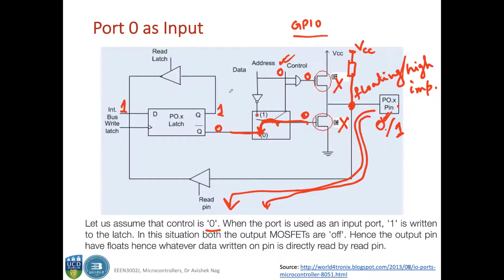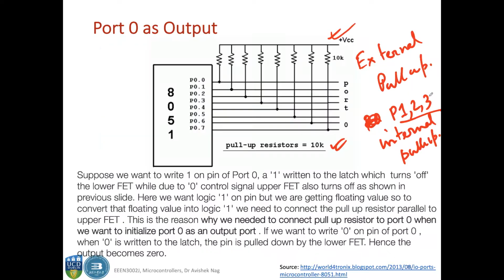Okay. So for write operation, whatever you put here, that will be written to the external device or wherever this pin is connected to. Okay. So this in general is about all the 4 ports and the details of it.